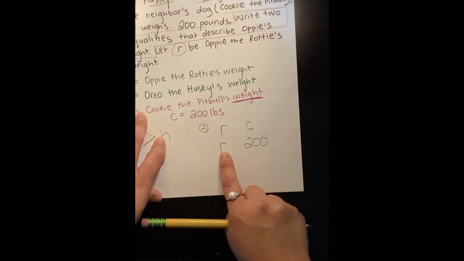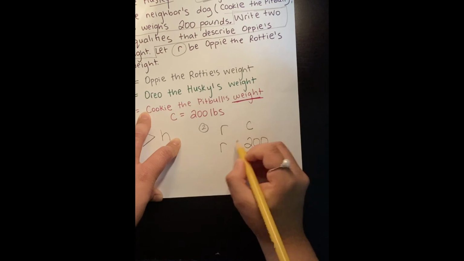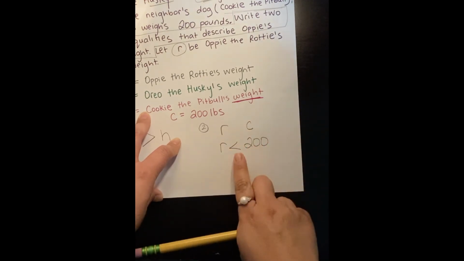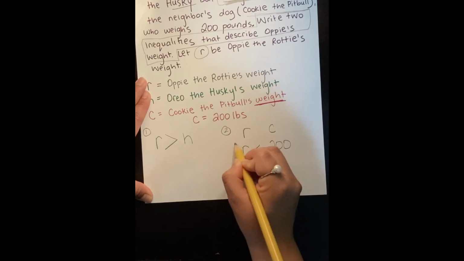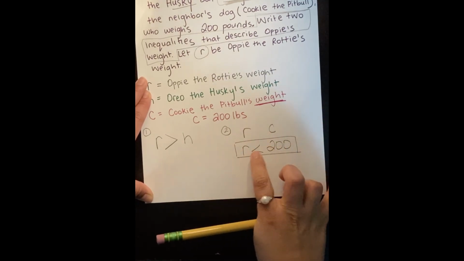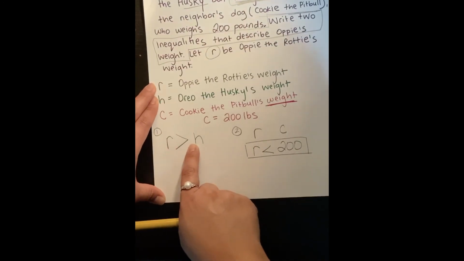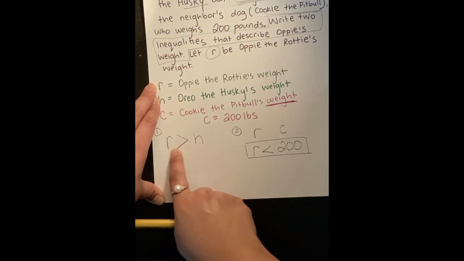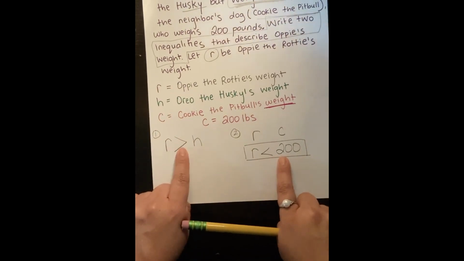So the Rottie weighs less than 200. And I know that the less than sign is this one. So my second inequality is R is less than 200. And my first inequality is R is greater than H. Okay, I have my two inequalities.